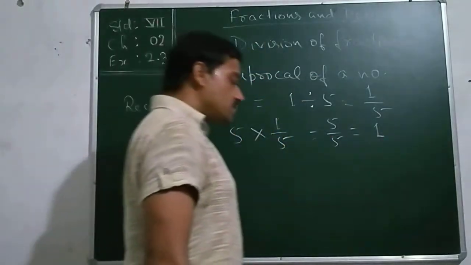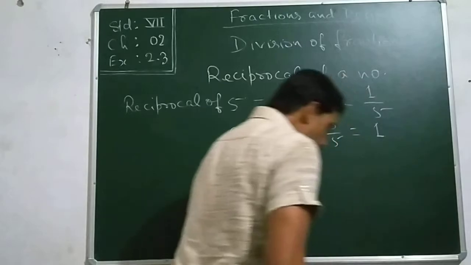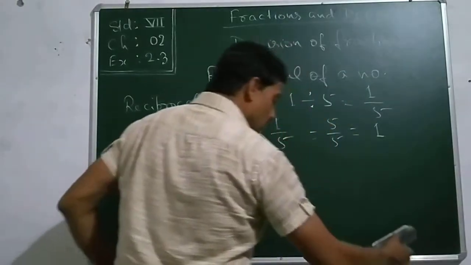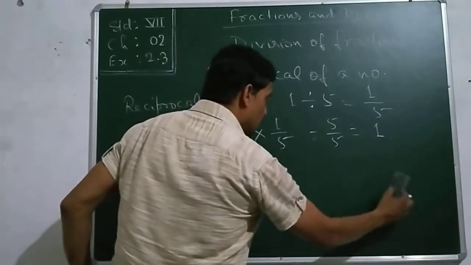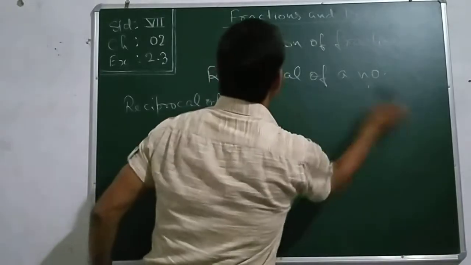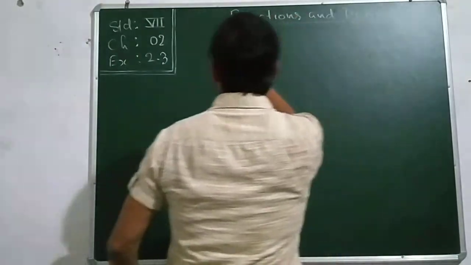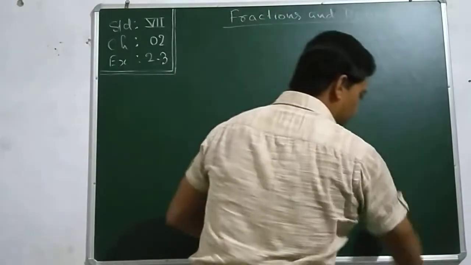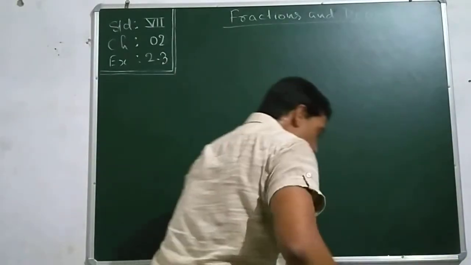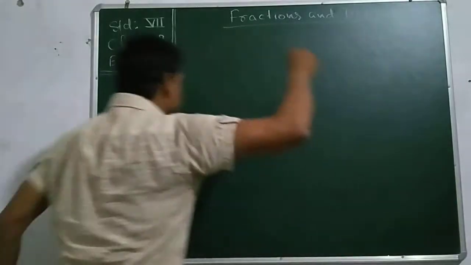Now come to exercise 2.4. In exercise 2.4, very simple sums are there. I will explain only some of them.